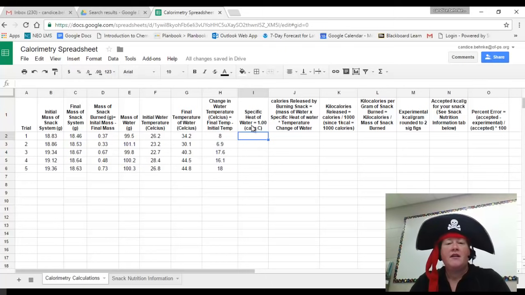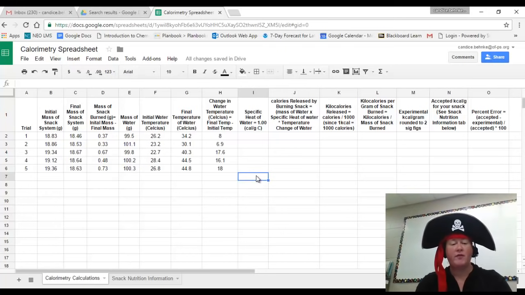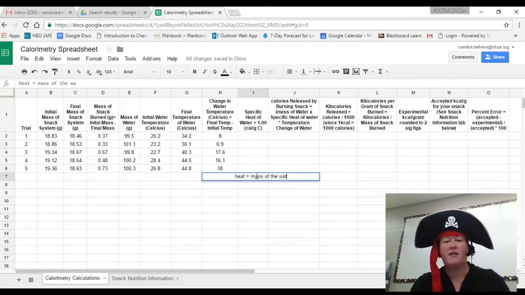Okay, the next thing that we have to look at is the specific heat of the water. So the equation that we use for calculating the amount of heat that's absorbed by the water is heat is equal to the mass of the water times the specific heat of the water times the temperature change.